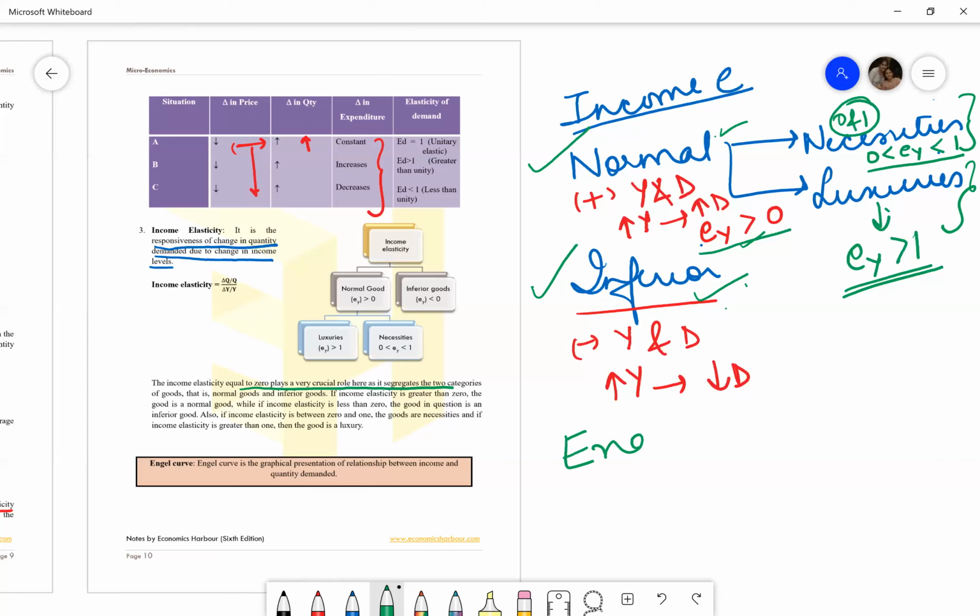Coming on to the Engel curve. The Engel curve is the graphical representation of the relationship between income and quantity demanded. We'll learn about this in later lectures as well.